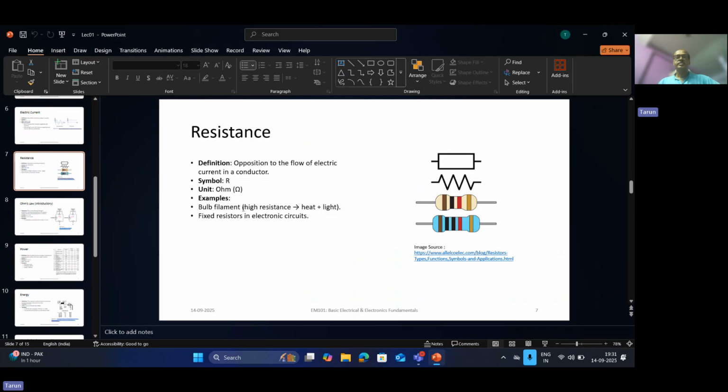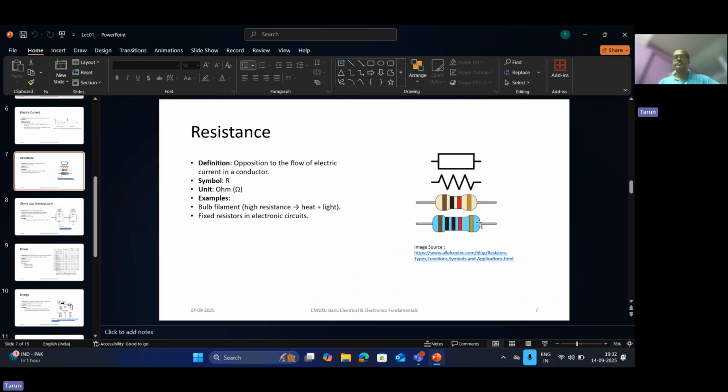A bulb filament is an example of a high resistance. That is why it generates heat as well as light. Another example of resistance is fixed resistors in electronic circuits.